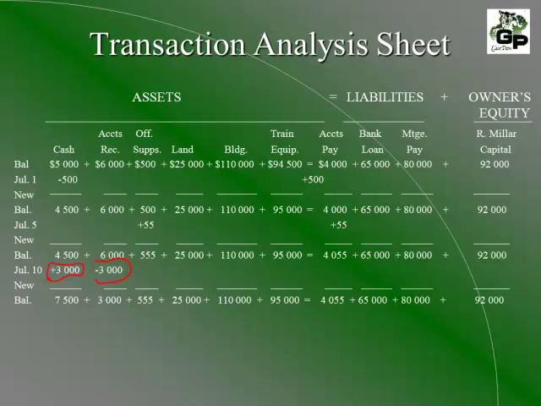The accounts receivable that used to be owed to us is no longer owed to us because our customers have paid us. So what they owe us has gone down $3,000. So cash goes up $3,000, accounts receivable goes down $3,000. And how does this affect the totals? 4,500 plus 3,000 gives us 7,500. 6,000 minus 3,000 gives us 3,000.